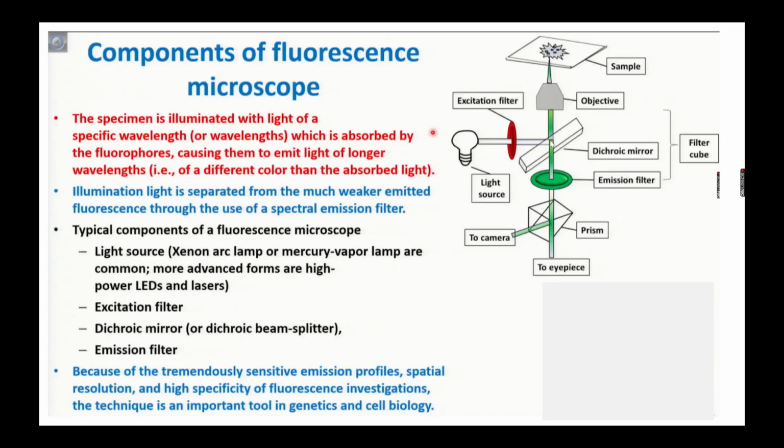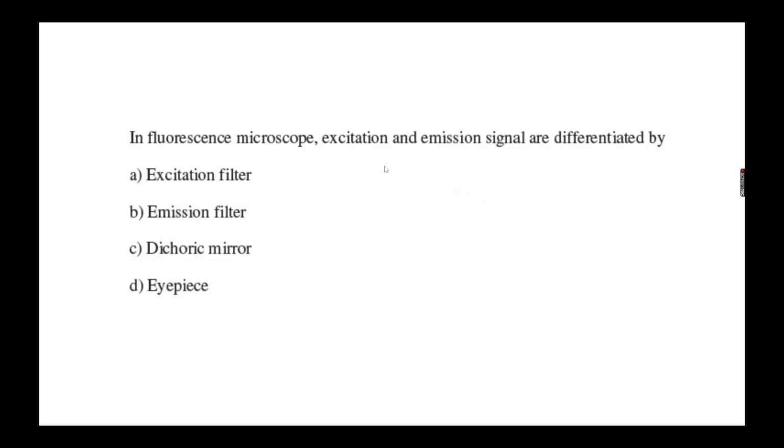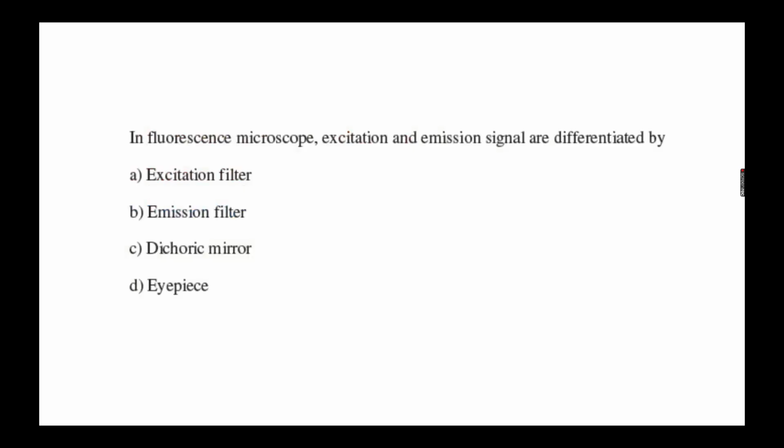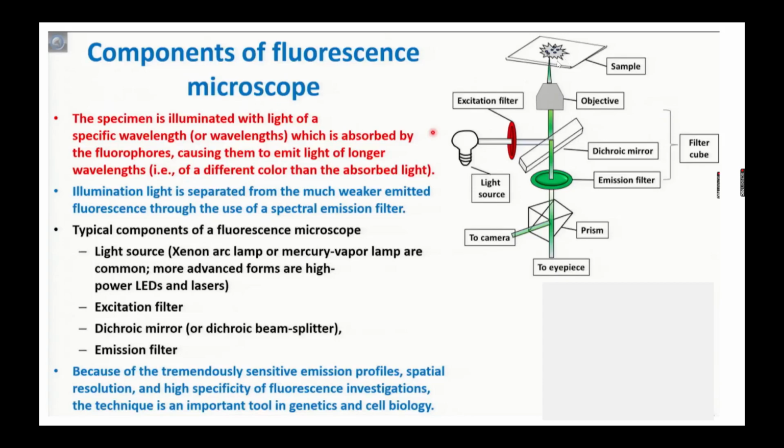So this dichroic mirror has a very important role in distinguishing between the exciting signal and the emitted signal. Only the signals emitted from the specimen pass through the dichroic mirror. So here the option is this.